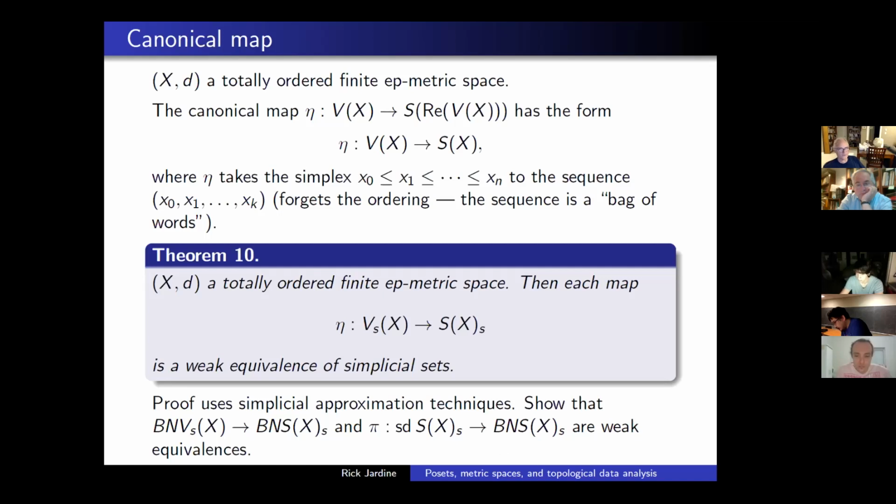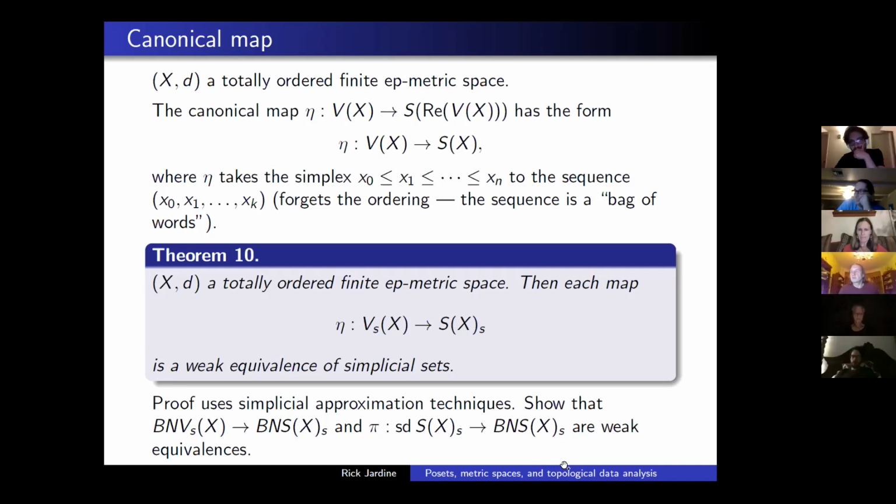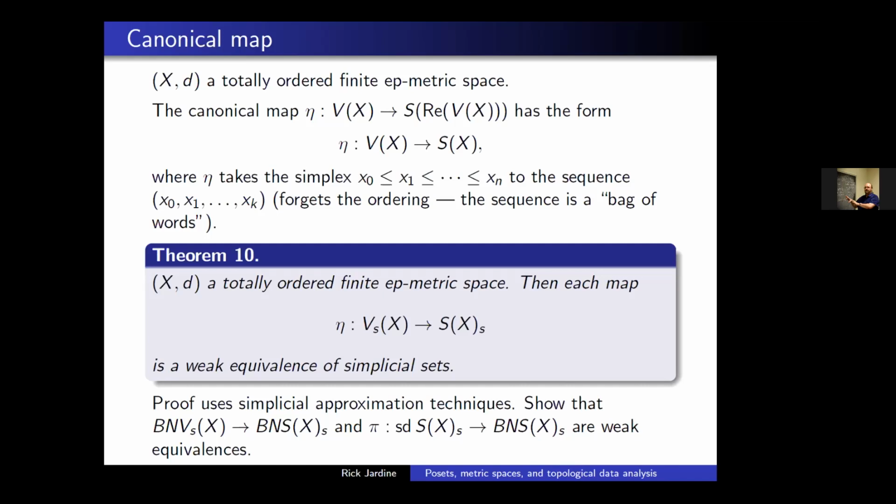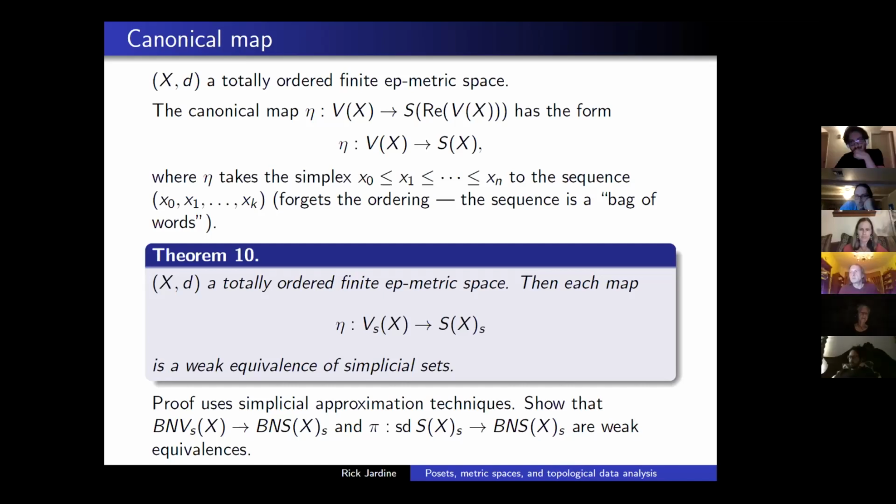This is a general thing: the map from SD of K to Bn of K is an isomorphism if K is a simplicial complex. But for arbitrary simplicial sets, that's a little more interesting. What you have to show to prove something like that is to show that each subcomplex of this singular object, which is generated by a non-degenerate simplex, is contractible. Okay? And that's what you do.